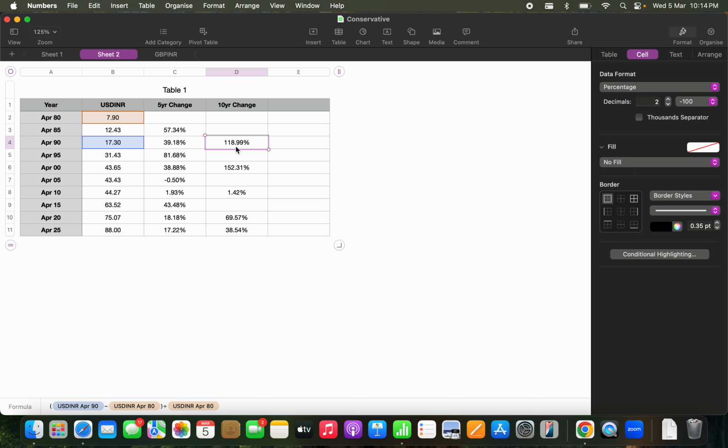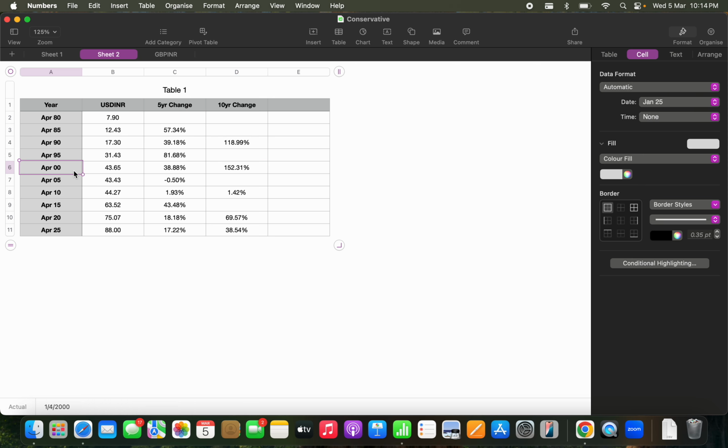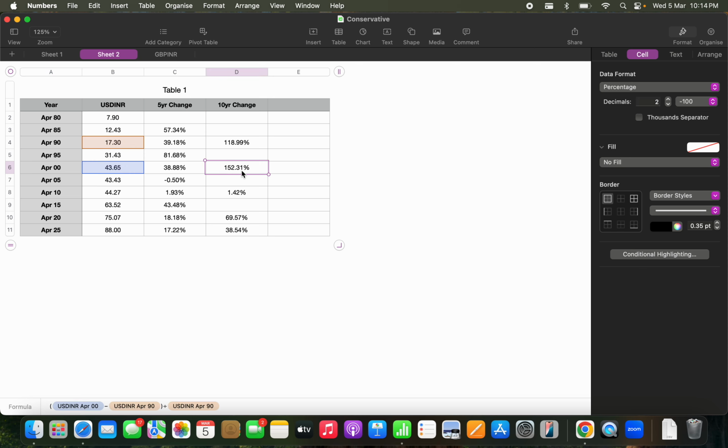That is, prices of things double every 9 years. So this gives us a brief estimate that our inflation would also have been higher than 9% during this interval. From April 1990 to April 2000, we lost another 150% in currency valuation, that is from 17 rupees 30 paisa to 43 rupees 65 paisa.